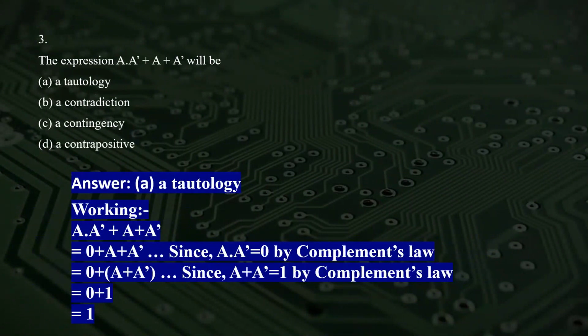So the final answer of this expression will be 1. Even if you go through truth table, you will see all the outputs will be 1 in this case. And tautology is where all is 1 and not 0, whereas a contradiction is all is 0 but not 1.